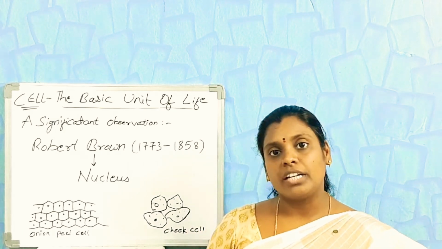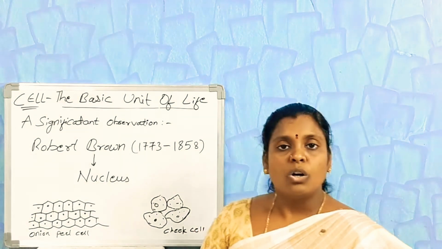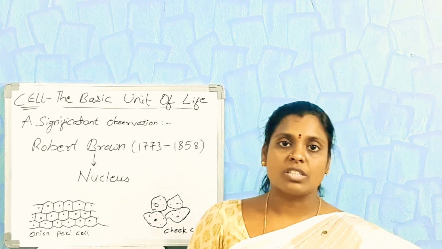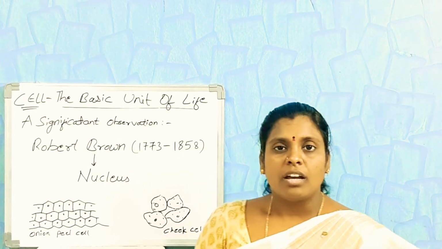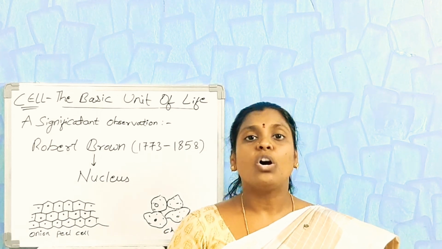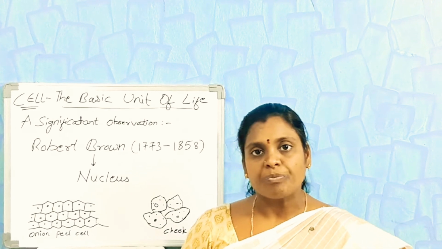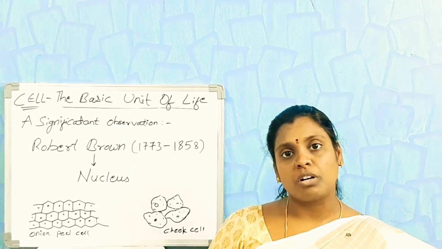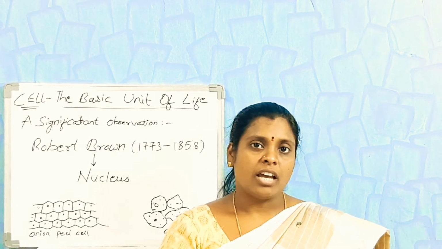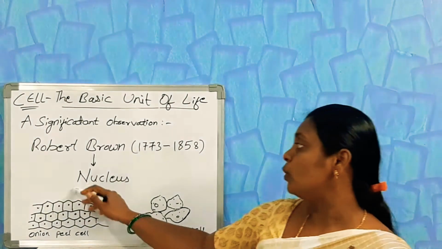But the actual credit goes to Robert Brown, who observed the nucleus in the orchid leaves. He observed a dark spot which is more opaque than the surrounding area of the cell. He observed those dark spots in the adjacent cells and he called that spot the nucleus.